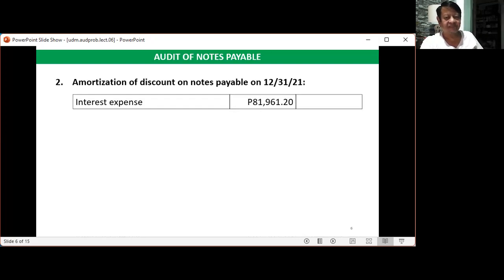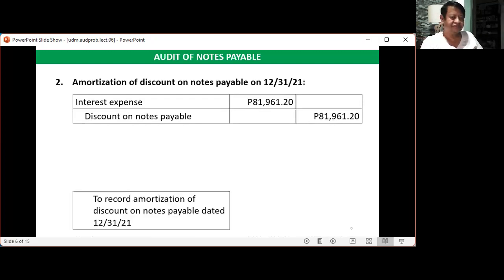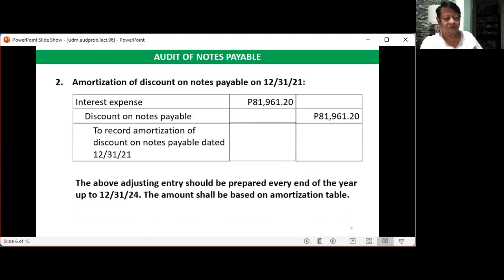So we debit interest expense 81,961.20 and we will credit discount on notes payable of 81,961.20. So this is to record the amortization of discount on notes payable.